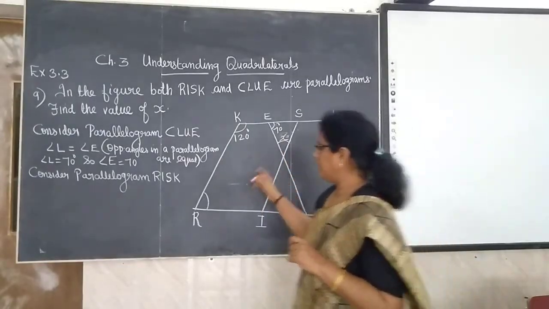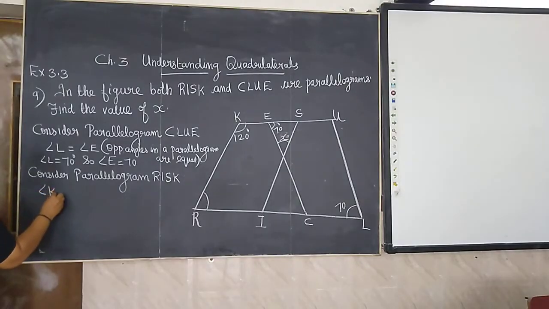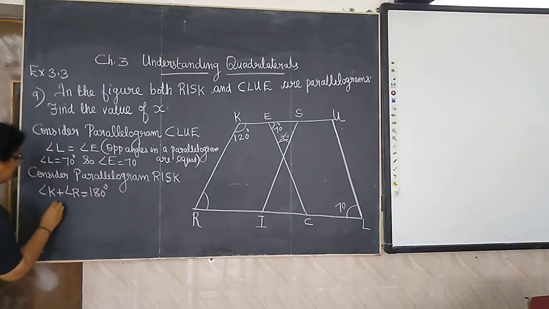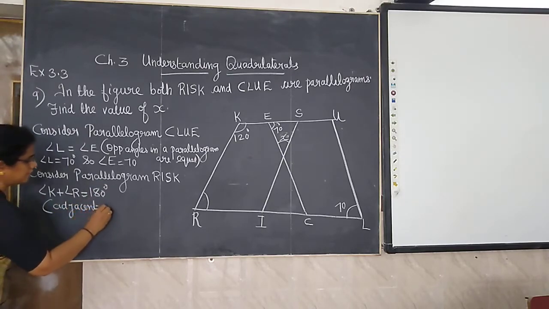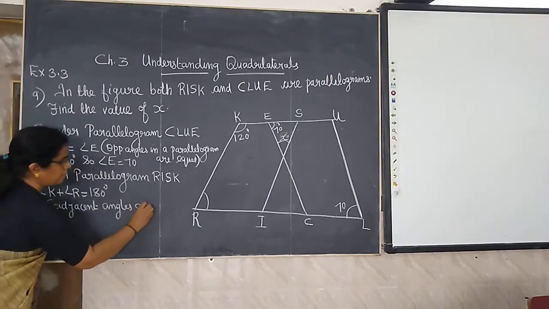So from this we can write angle K plus angle R is equal to 180, because adjacent angles of a parallelogram are supplementary.